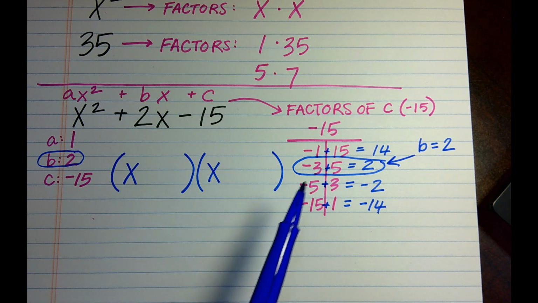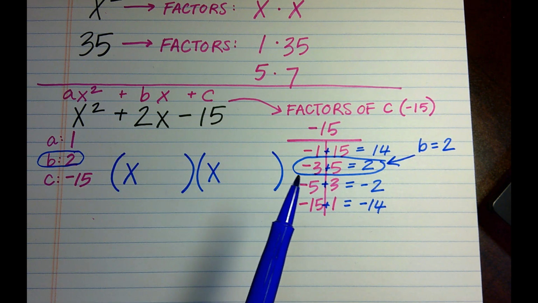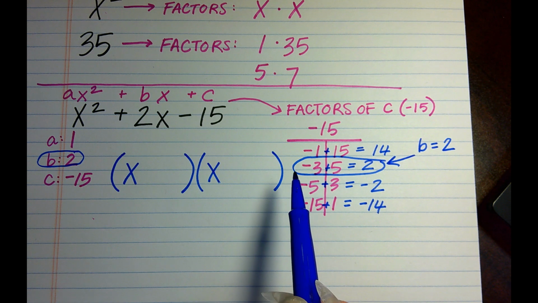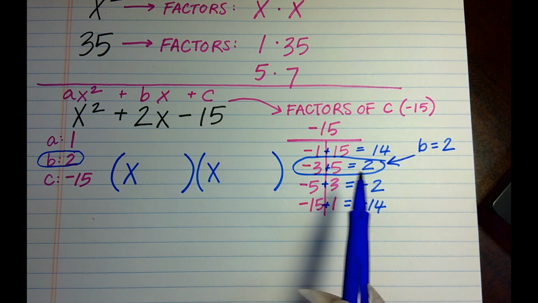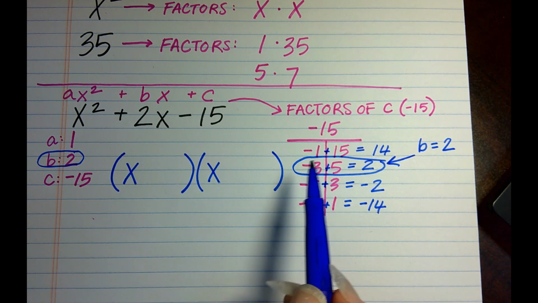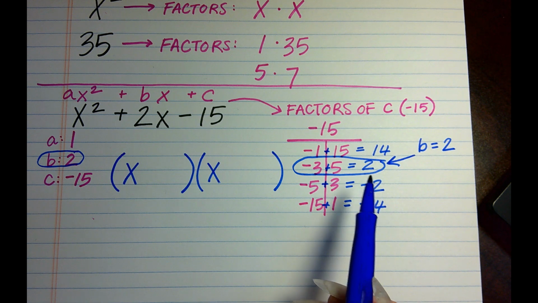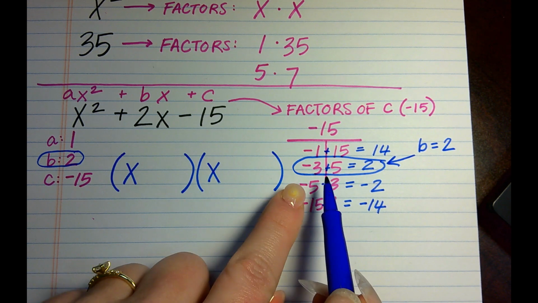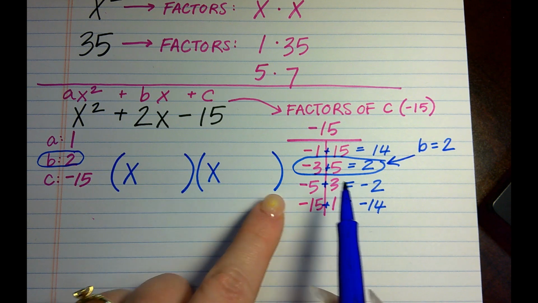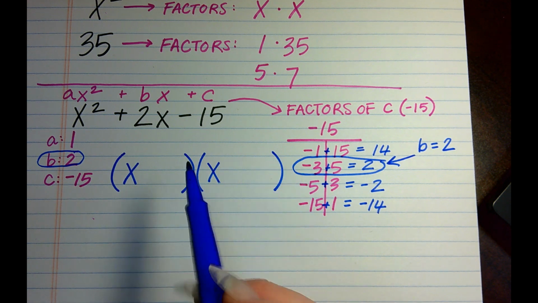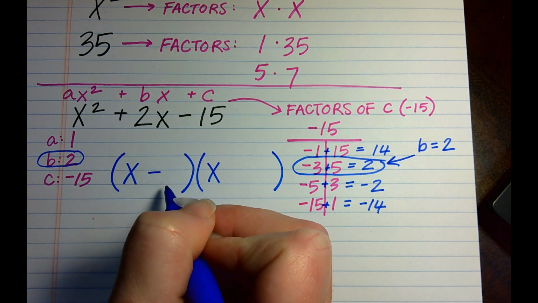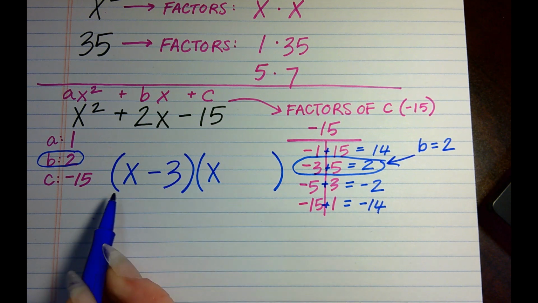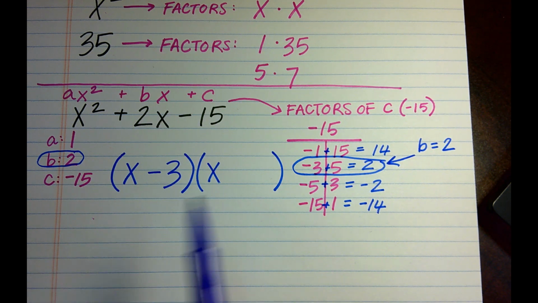So here's what we do with what we found with all these factors. Since the 2 numbers that add up to my b term, my middle term, are -3 and 5, I'm going to take those numbers and fill in my blanks. -3, I'm going to put that first. So x minus 3.